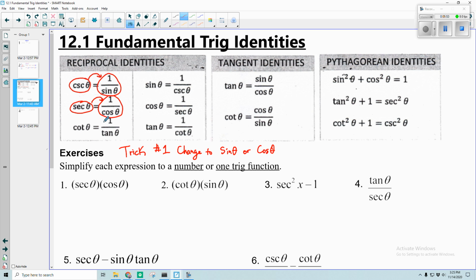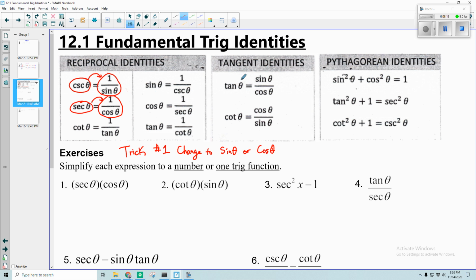This one I don't really care about as much for using this trick. This one is not helpful because it changes a sine or a cosine into something that's the reciprocal identity. So I'm going to prefer that we use the ones where it changes it into sine and cosine, and you'll see why as we start using these.